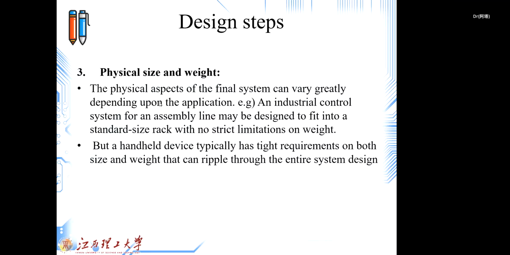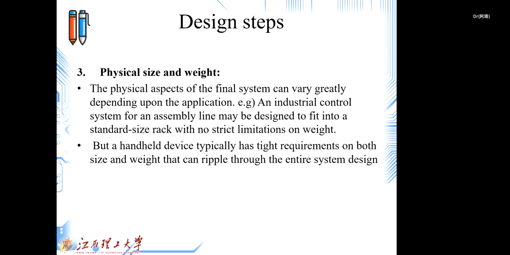Third part is the physical size and weight. The physical aspect of the final system, I mean the final product, can vary greatly depending upon the application. For example, some industrial control system for an assembly line may be designed to fit into a standard size rack with no strict limitation on weight.